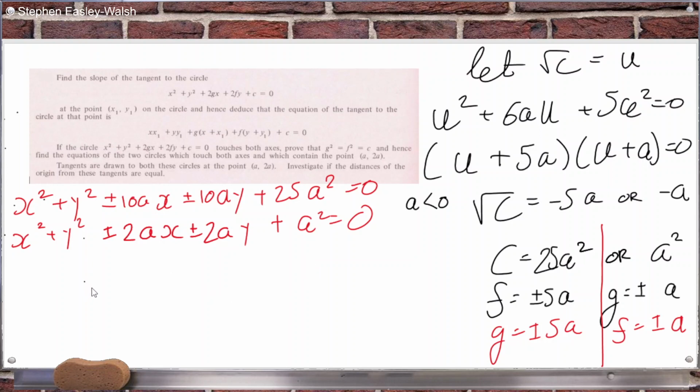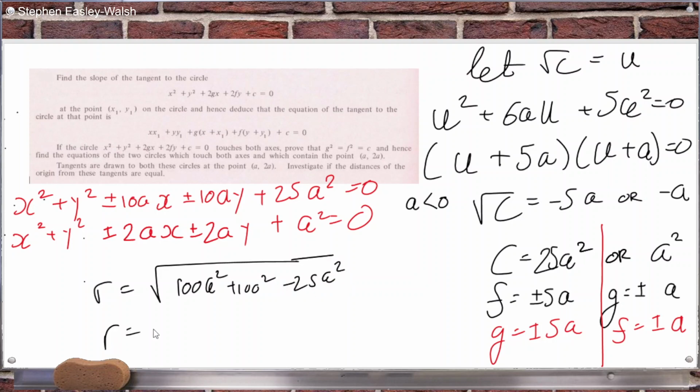Is the radius positive for both? So the radius is equal to the square root of f squared. So that would be 100a squared plus 100a squared minus 25a squared.